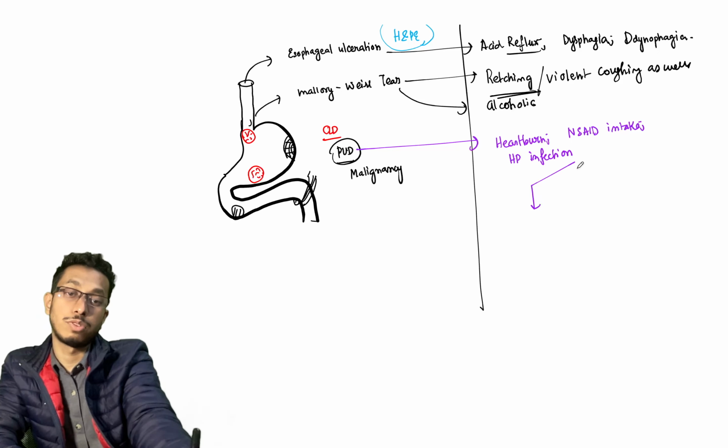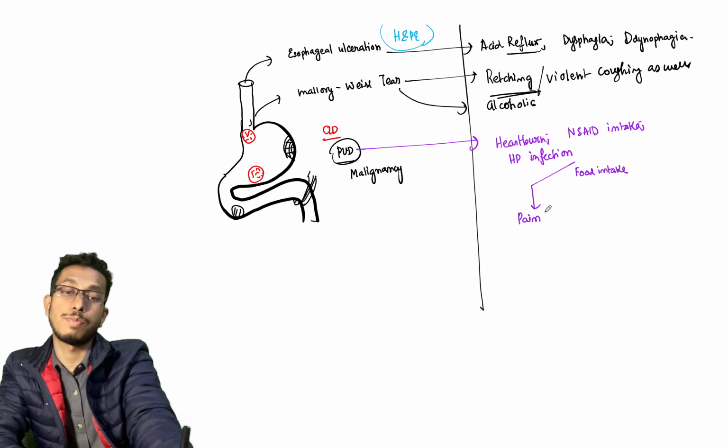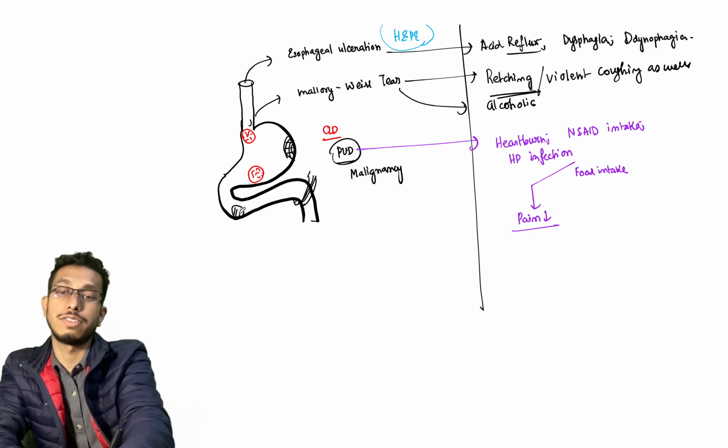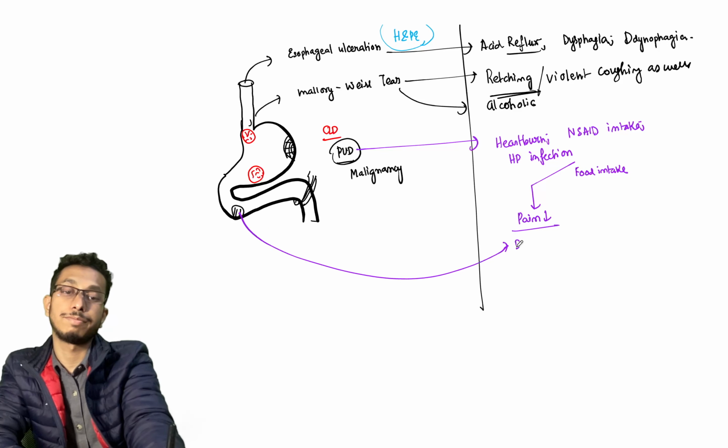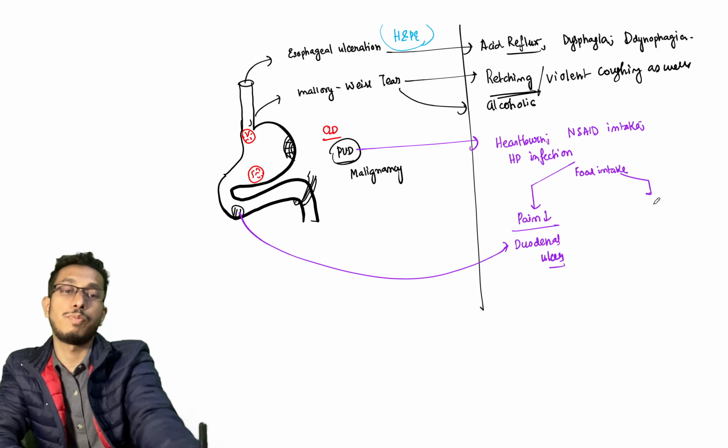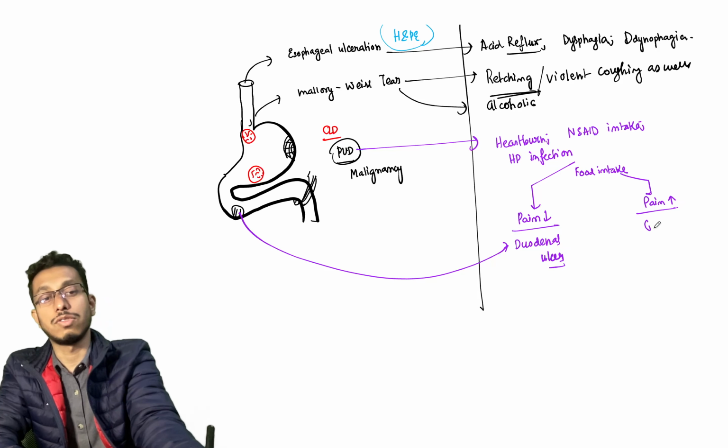If the pain improves after food intake, that is pain decreases, it signifies to be duodenal origin. Whereas if pain increases after food intake, it signifies to be peptic ulcer of the gastric origin. All right. So gastric ulcer.